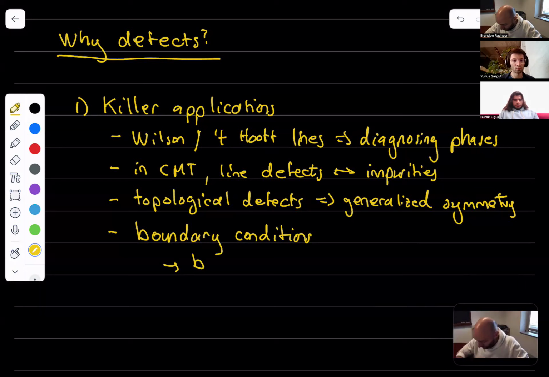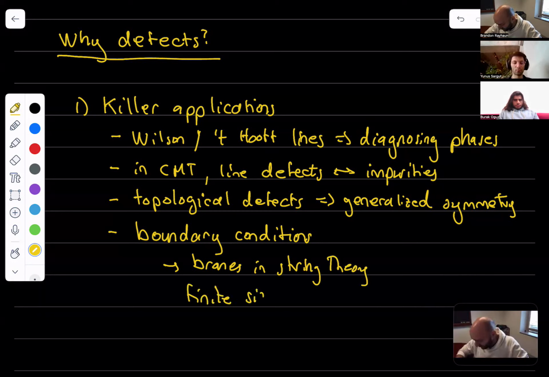For example, everything from branes in string theory, finite size effects if you're interested in statistical mechanics. The list goes on and on and on.